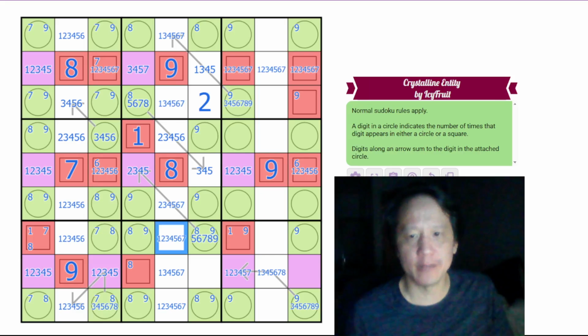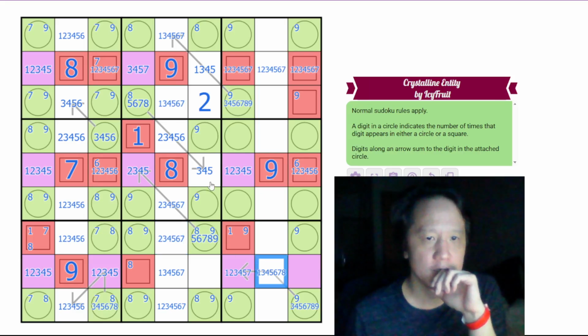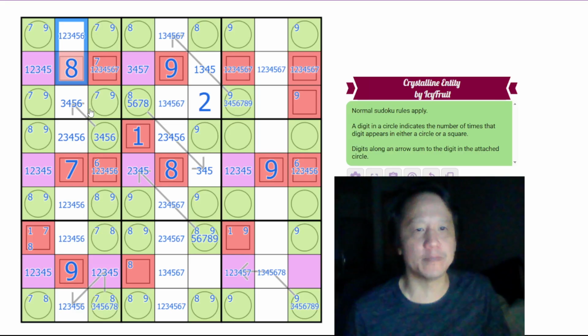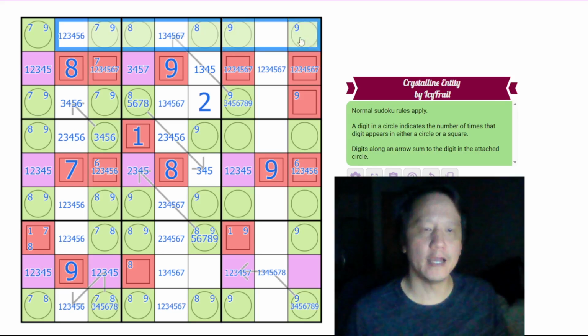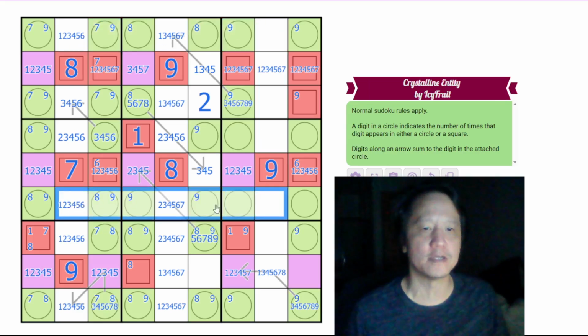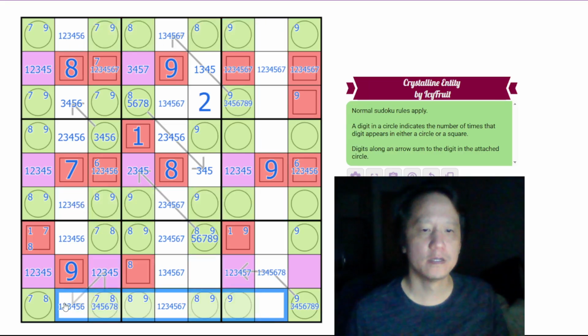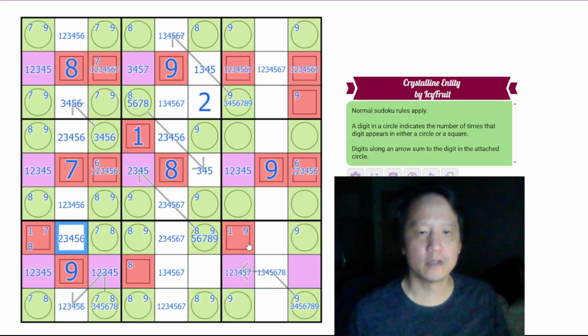So this cannot be a 1, right? Because 1 cannot appear in columns 2, 5, and 8, except for row 1, row 6, and row 9. So this cannot be 1. This can't be 1.